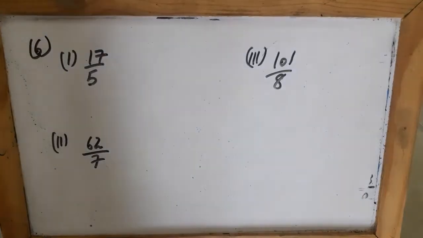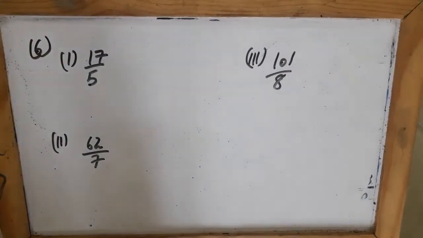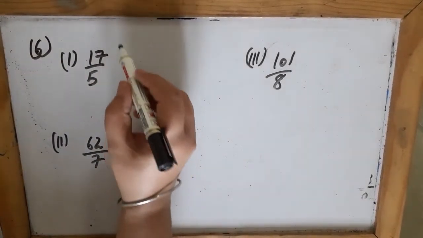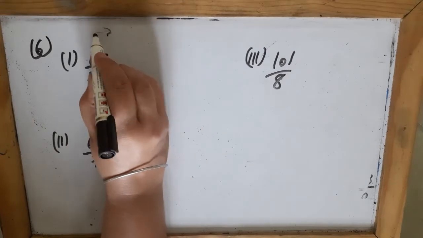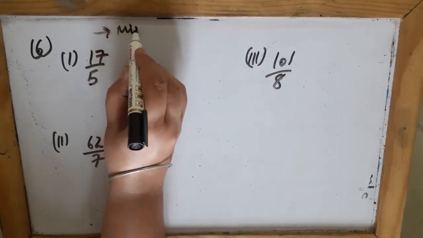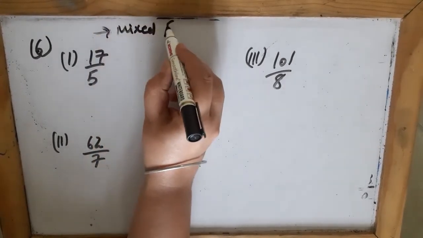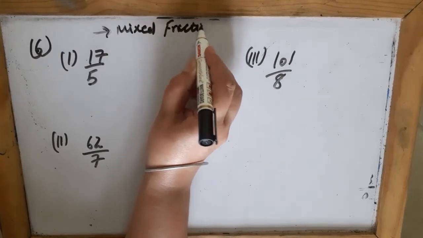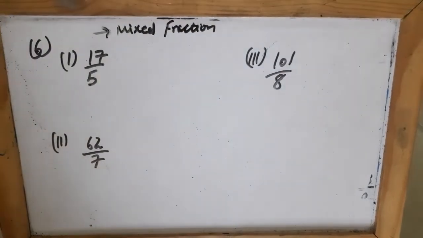Now come to the sixth question, in which they have given you some improper fractions and they are asking you to convert them into mixed fractions. In the previous question I told you that mixed fractions and improper fractions are just different methods of writing the same fraction.